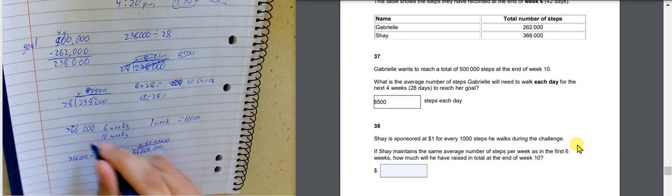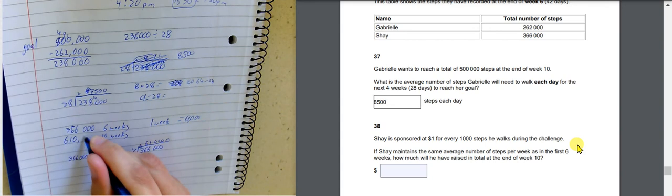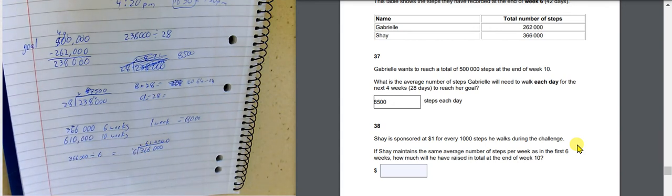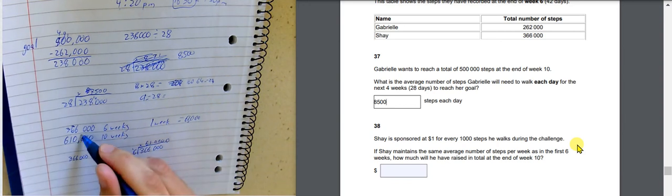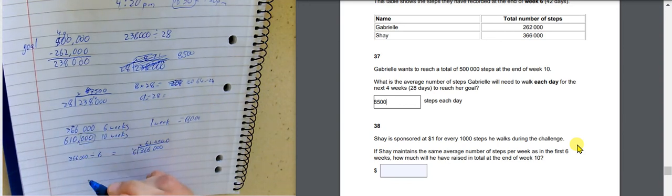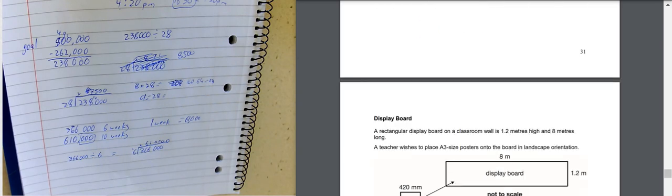So we'll do 610,000 in 10 weeks. Now, if you get $1 for every 1,000, there's 610 lots of 1,000, $1 for each of those, we get $610. Onwards we go.